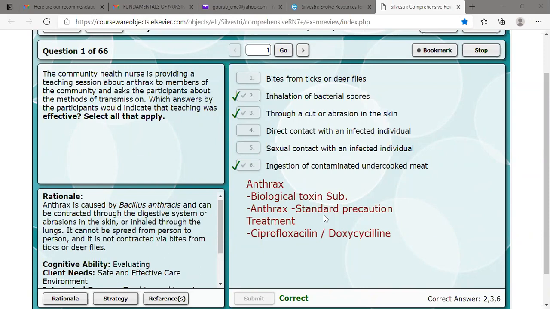Standard precautions basically include hand washing and donning gloves, right?